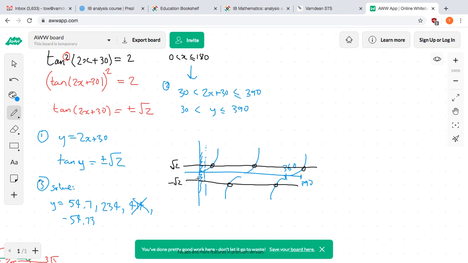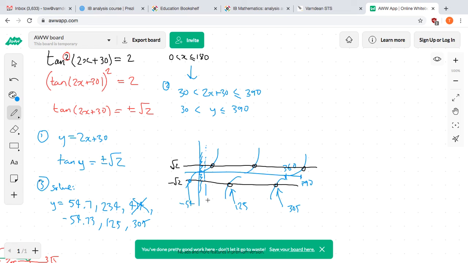The calculator gave us this bit here, but anyway, it doesn't matter. Just add 180, put it back inside the range. 125. Add another 180. 305. That must be this one here, and that must be the 125. And this one must be the minus 54, which we don't care about.